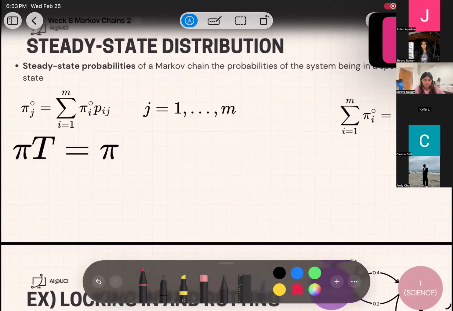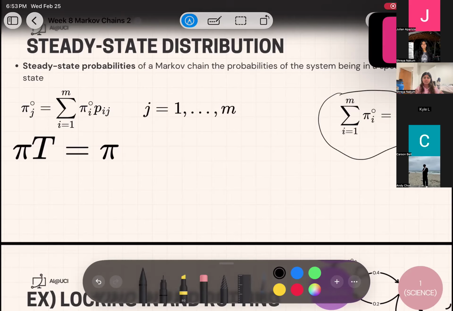But first, let's talk about this over here. What this is basically saying is that the probability that you are at some state, every probability going into that state, remember, is going to be equal to 1. Does that make sense?